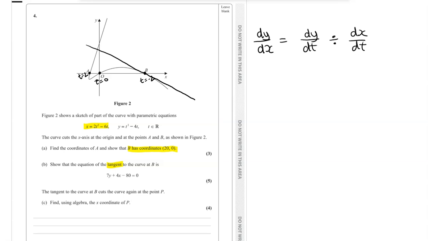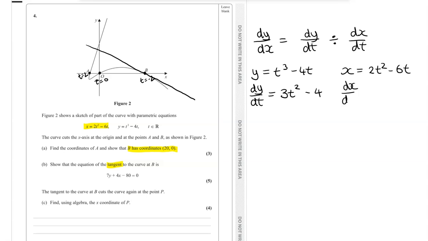So if y is t cubed minus 4t, dy by dt is just going to be 3t squared minus 4. And if x is 2t squared minus 6t, dx by dt is going to be 4t minus 6.